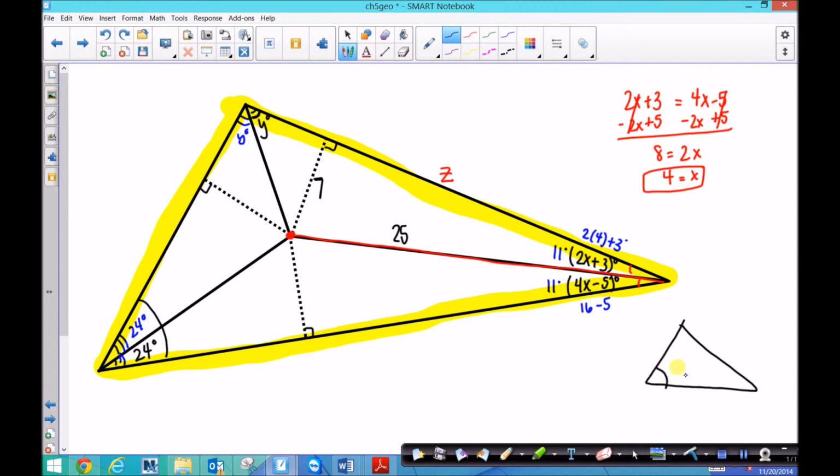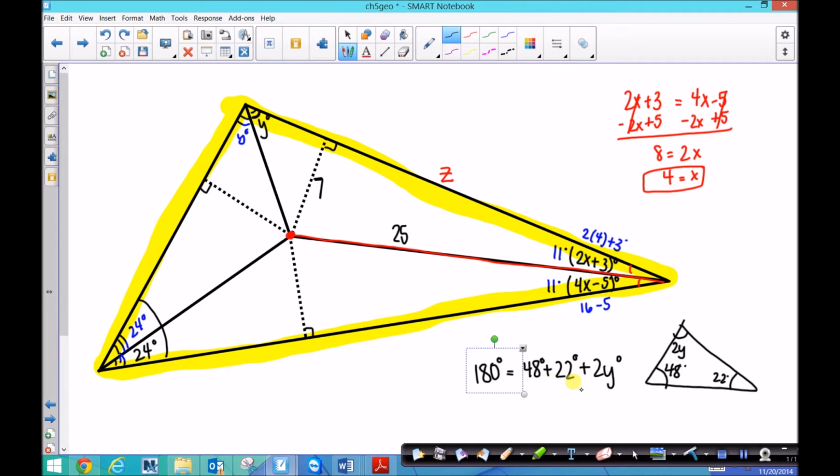At the bottom, we have 24 times 2, so that's going to give us 48 right there. And then on this side, we have 22 degrees. And up at the top, we have y plus y, which is going to give you 2y. And what we're able to do now is say that we know that there are 180 degrees in a triangle. And our triangle is split between 48 degrees, 22 degrees, and 2y degrees.